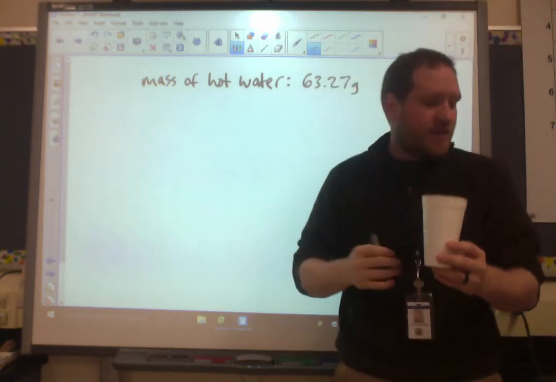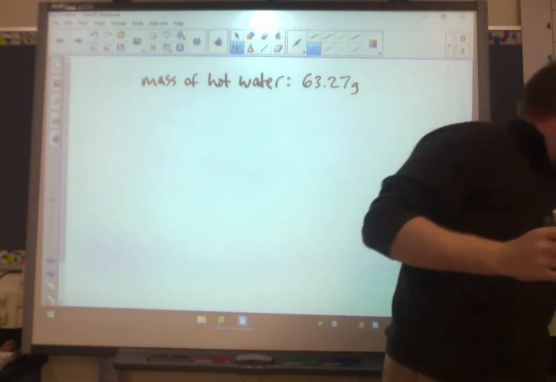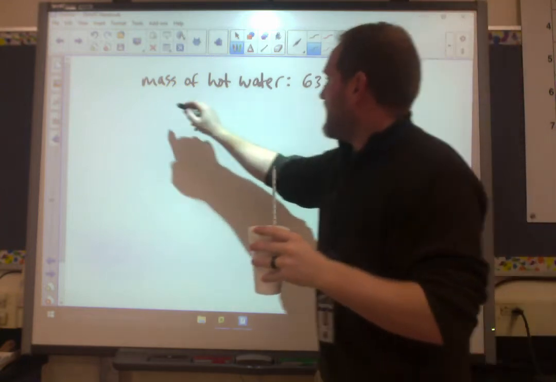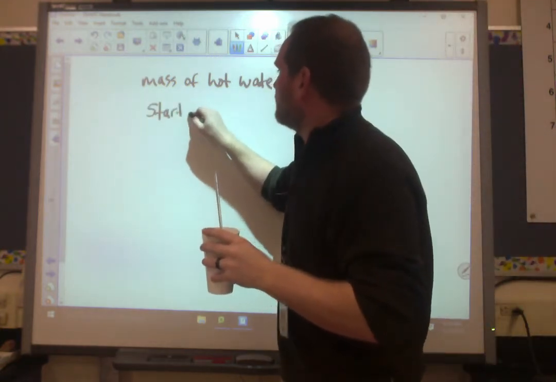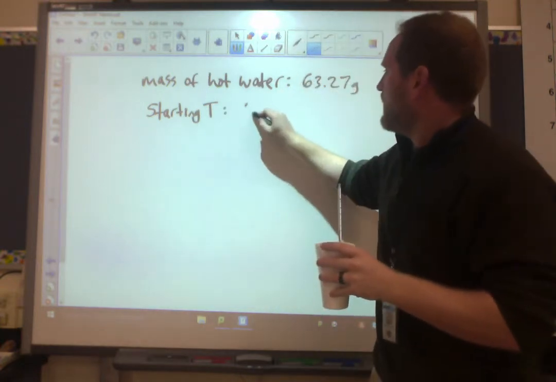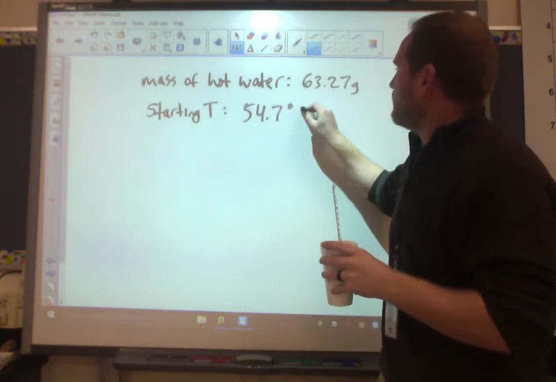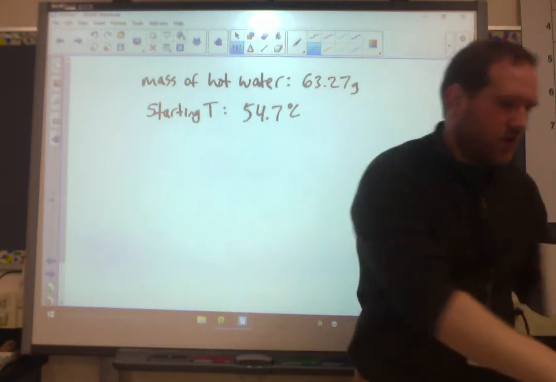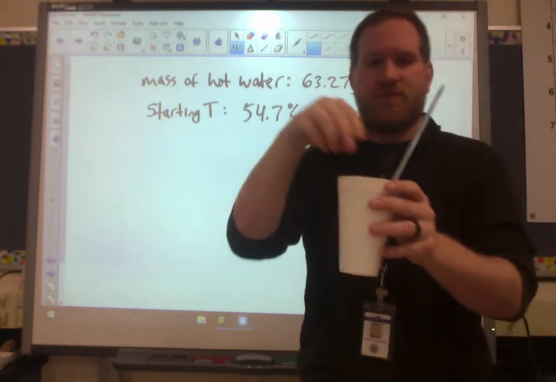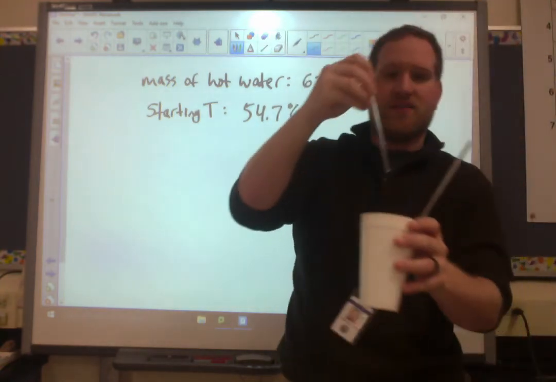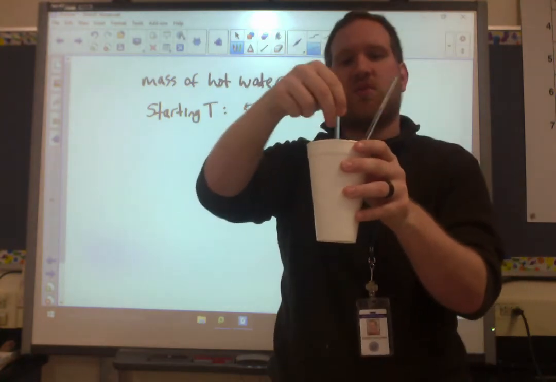You also need your starting temperature of the water, which we're going to get using a thermometer. So let's say that the starting temperature of the water is 54.7 degrees Celsius. Okay. And now you're going to start adding ice to it. So you're adding ice, and you're stirring not with the thermometer, but with a glass stir rod. Okay. Now this question came up too.